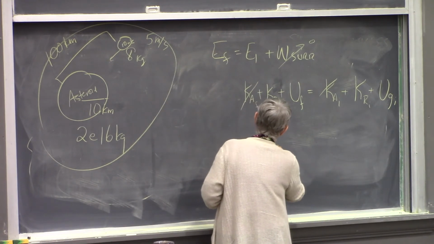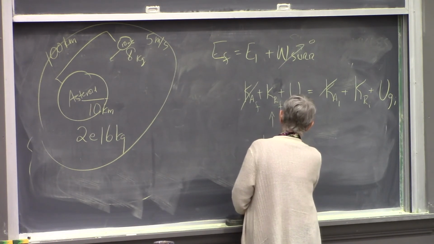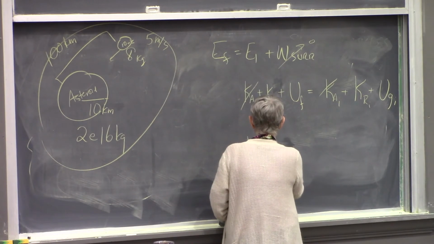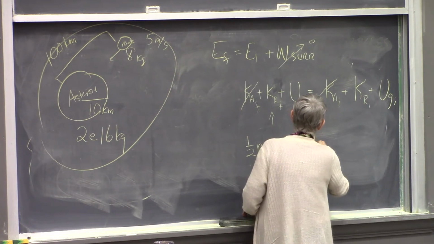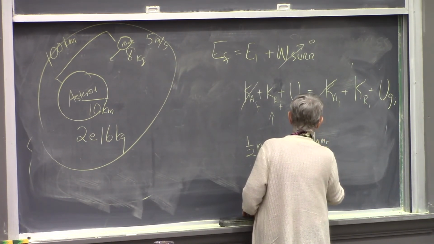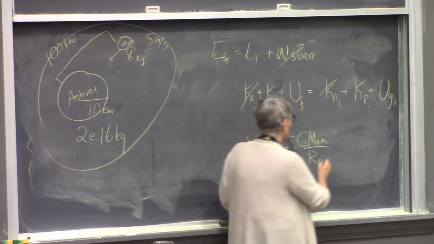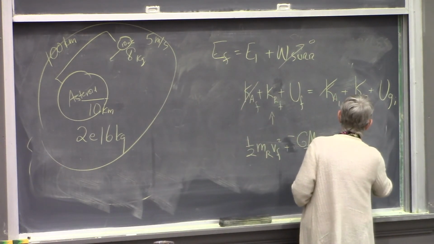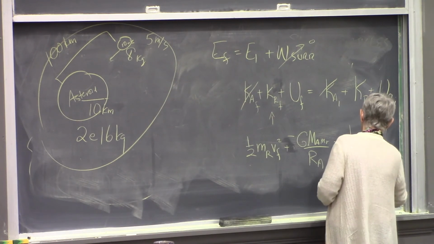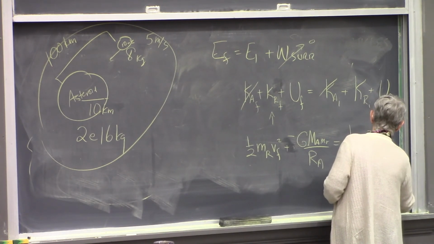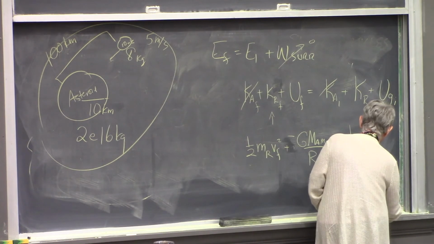So basically, the final kinetic energy of the rock, 1/2 m rock v final squared, plus a minus G mass of the asteroid, mass of the rock, over the radius of the asteroid, is equal to 1/2 mass of the rock v initial squared plus a minus G times the mass of the rock, mass of the asteroid, over what was it, 100 kilometers, so 100 times 10 to the third meters.